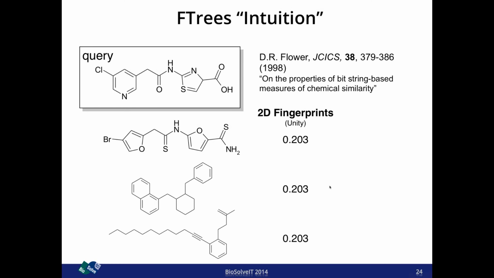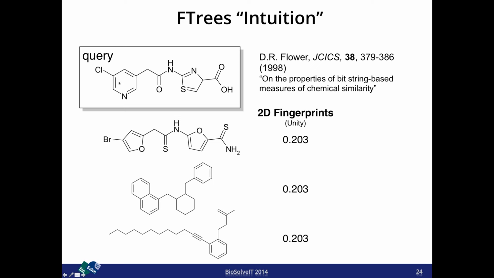So to give you a little better feeling for what feature tree similarities mean and what I meant by chemical awareness, I took a very old paper from Darren Flower here, which is a very nice read. I can only recommend this, on the properties of bitstring-based measures of chemical similarity.